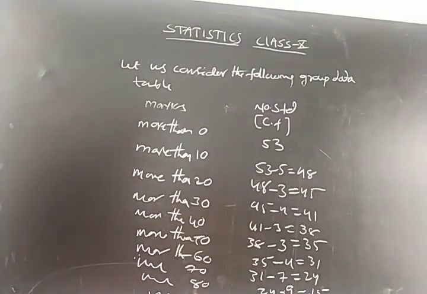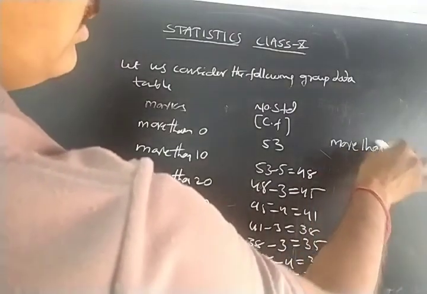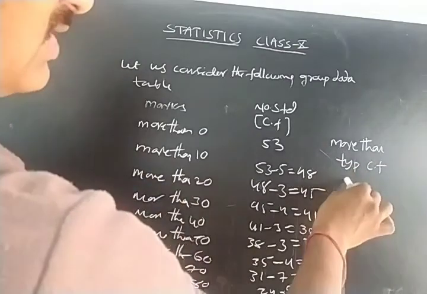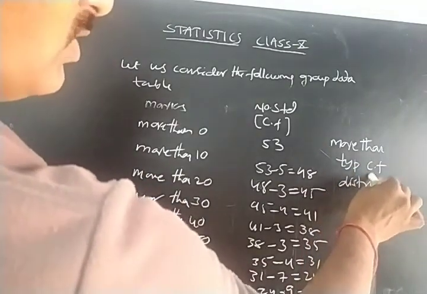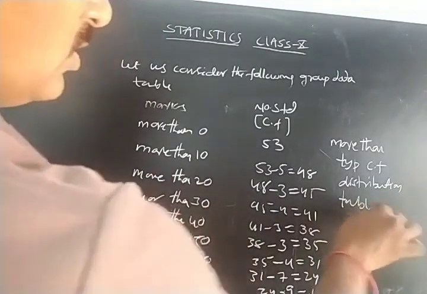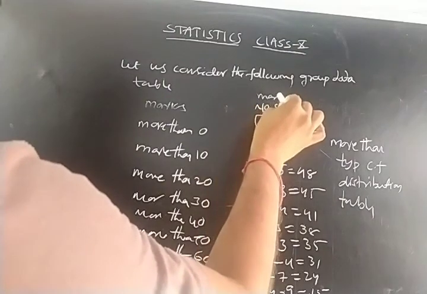So this table is called the more than type cumulative frequency distribution table.